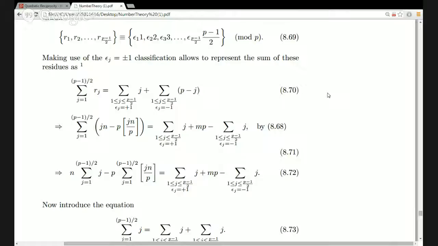Which multiple of p? You're picking up m times p, because m is the count of the number of j's for which that epsilon j is minus 1. So a couple of things going on there. Replacing Rj with this expression, which brings in the integer part of jn over p, and noticing that the second summation here has m different terms in it, so you pick up m times p minus the sums of all these appropriate j.